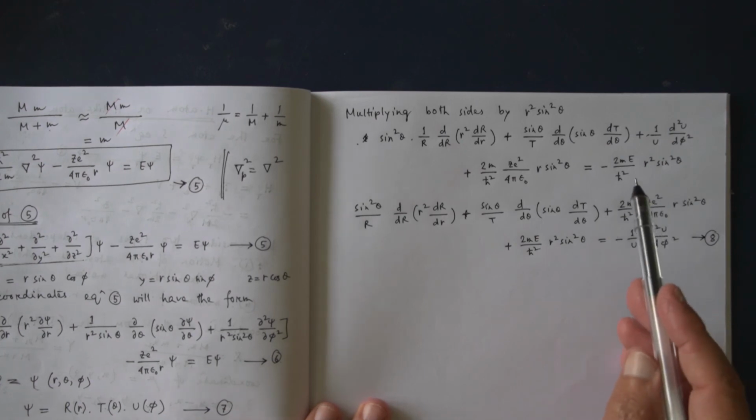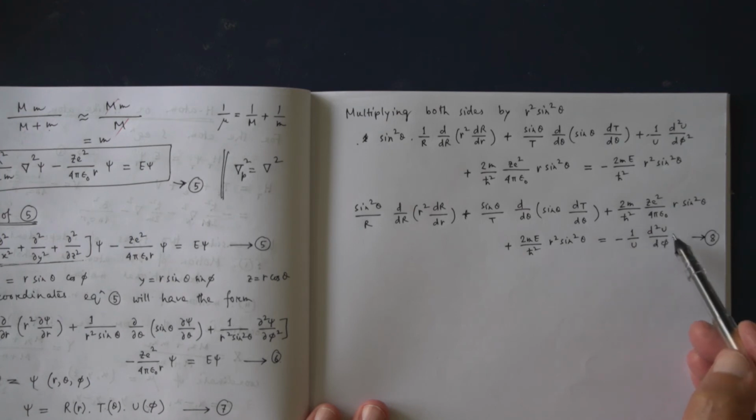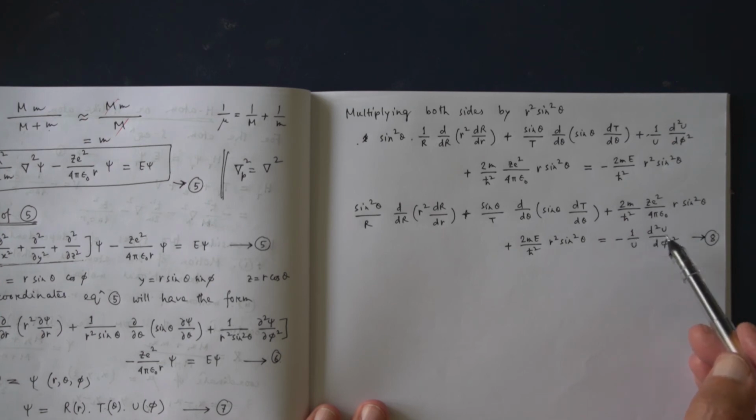What we have done is that initially, with this term, we had r² sin²θ. Now this term is independent of r and θ.